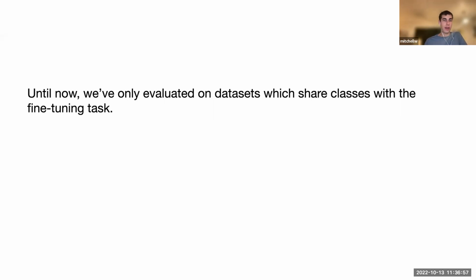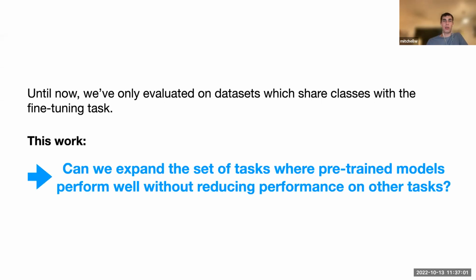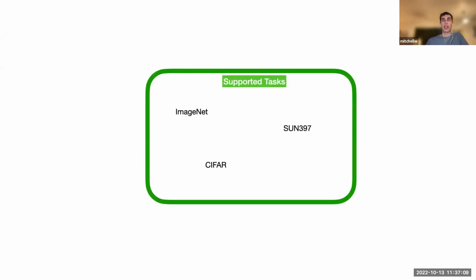So that's what we do in this work. We ask the question: can we expand the set of tasks where pre-trained models perform well without reducing their performance on other tasks? For instance, if we look at a set of supported tasks, these are tasks where a model like CLIP is going to perform pretty well off the bat, not great, but not terrible.